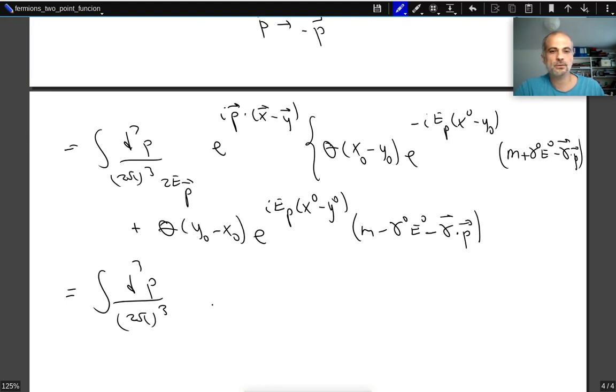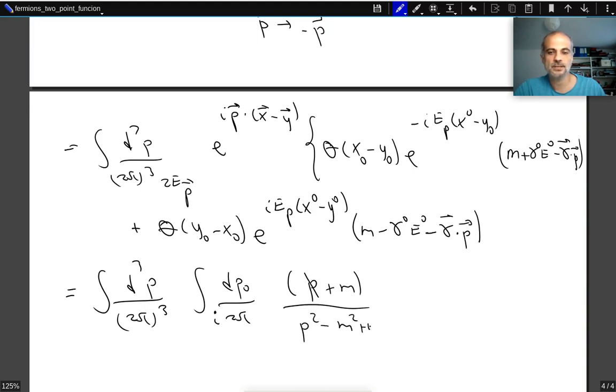And from that complex integral we would obtain dp0 divided by 2 pi, a factor of i, p slash plus m divided by p squared minus m squared plus i epsilon, e to the power minus i p·(x minus y).